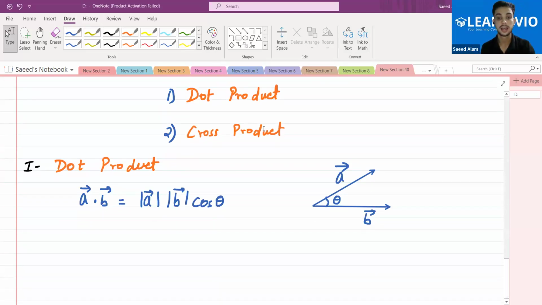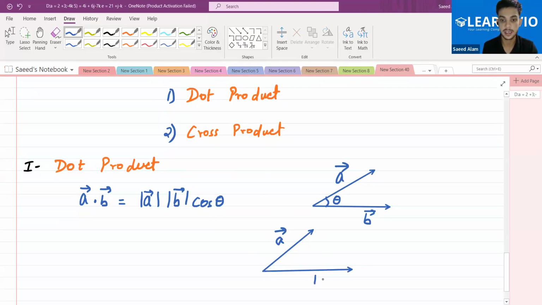Let me give you a quick question over here. Suppose this is a vector A, and there is another vector B, given like this.